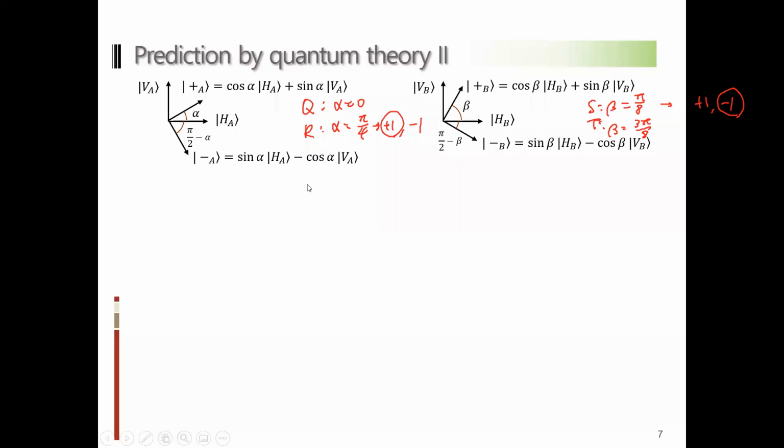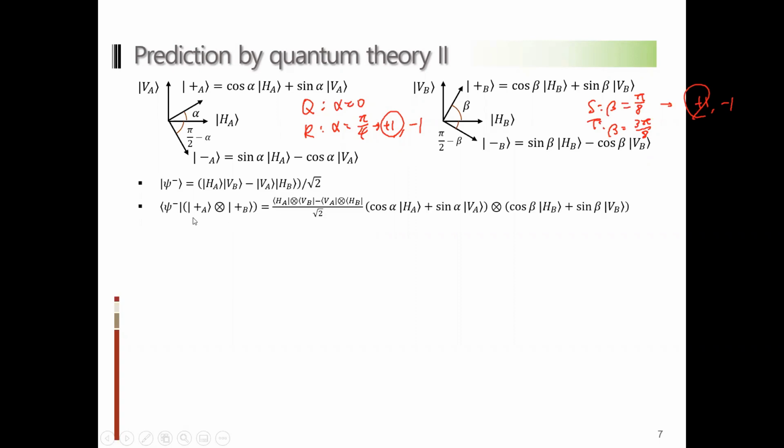Based on the previous argument, to find the probability to measure +1 for one specific basis and +1 for another specific basis, we have to calculate the inner product between psi minus and the tensor product of the plus basis vector with another plus basis vector, represented as plus of a, plus of b.